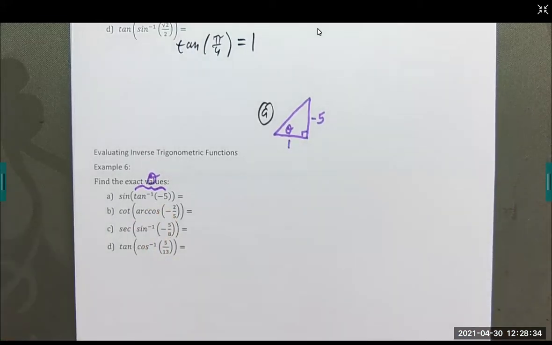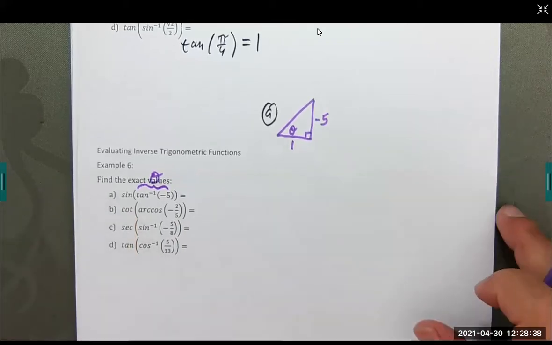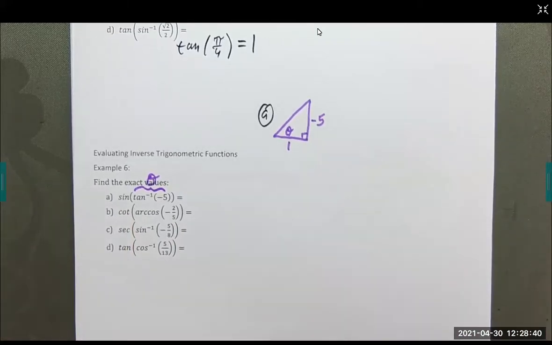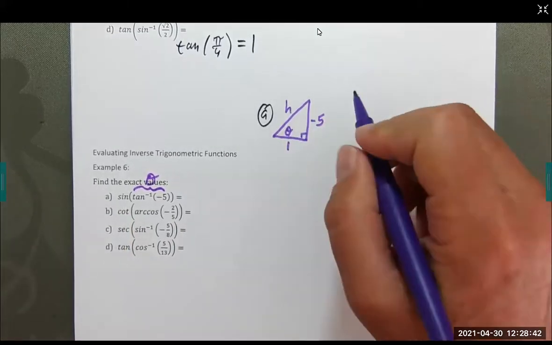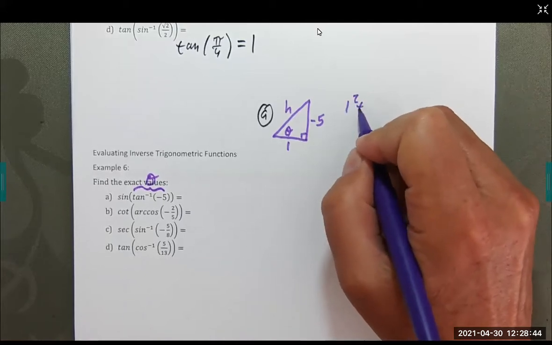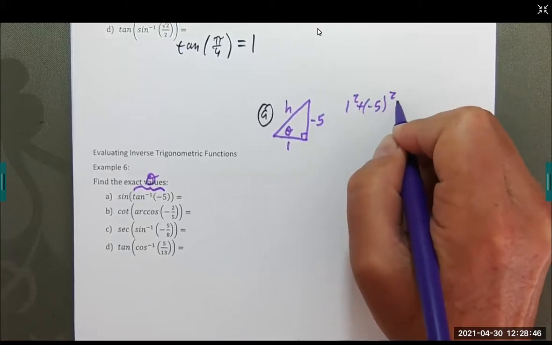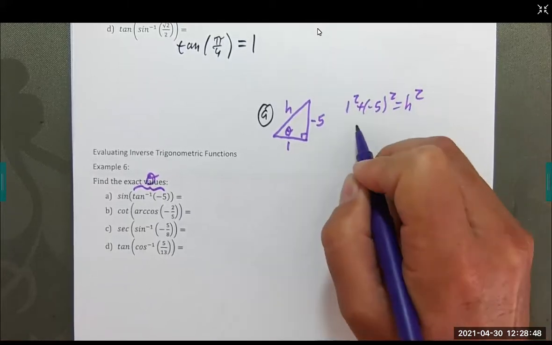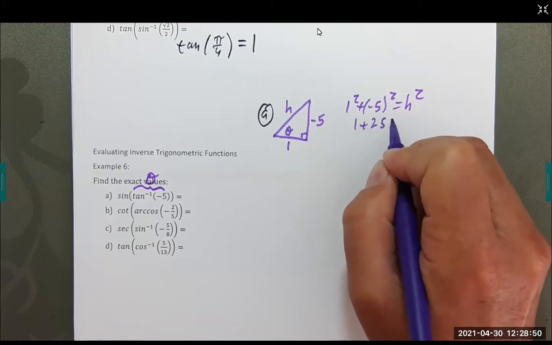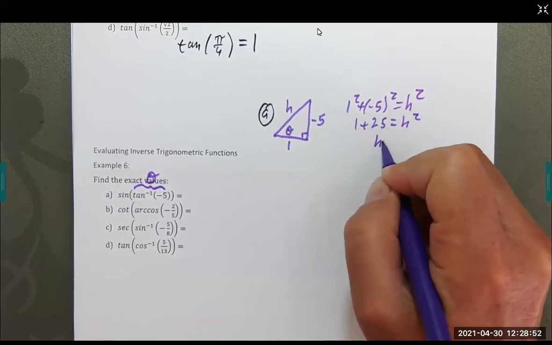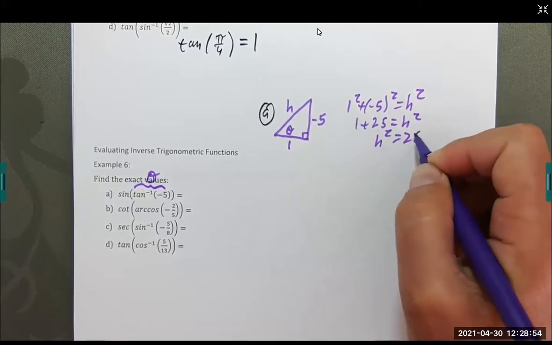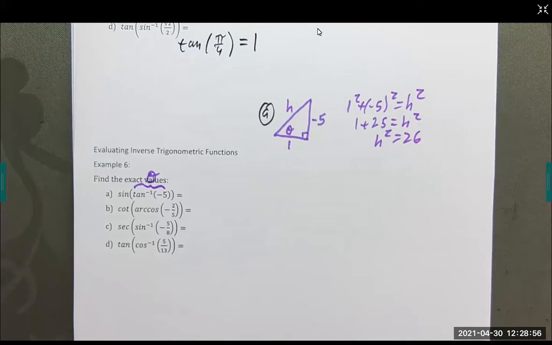And from this, I'm going to figure out what the missing hypotenuse is because I need that for sine. So I'll call that h, say. So 1 squared plus negative 5 squared equals h squared. That's 26, which means we're going to get positive root 26.